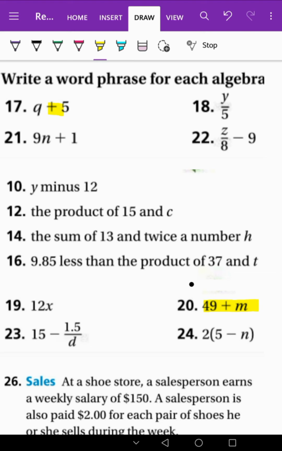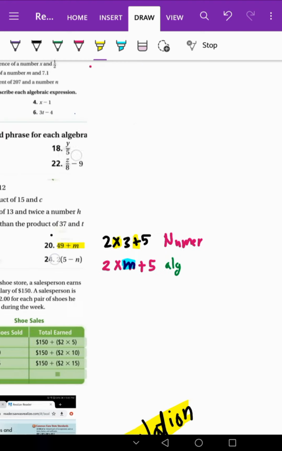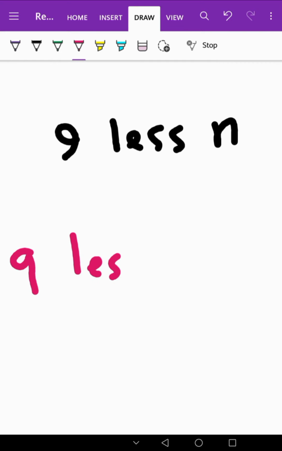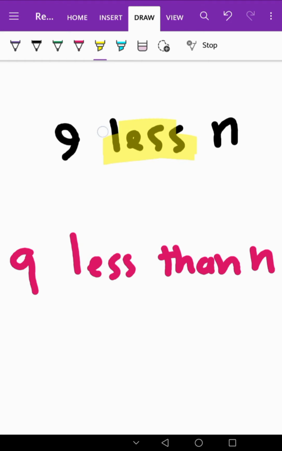Let me explain a very, very important thing: the difference between less and less than. 9 less n, and 9 less than n. What is the difference between these?